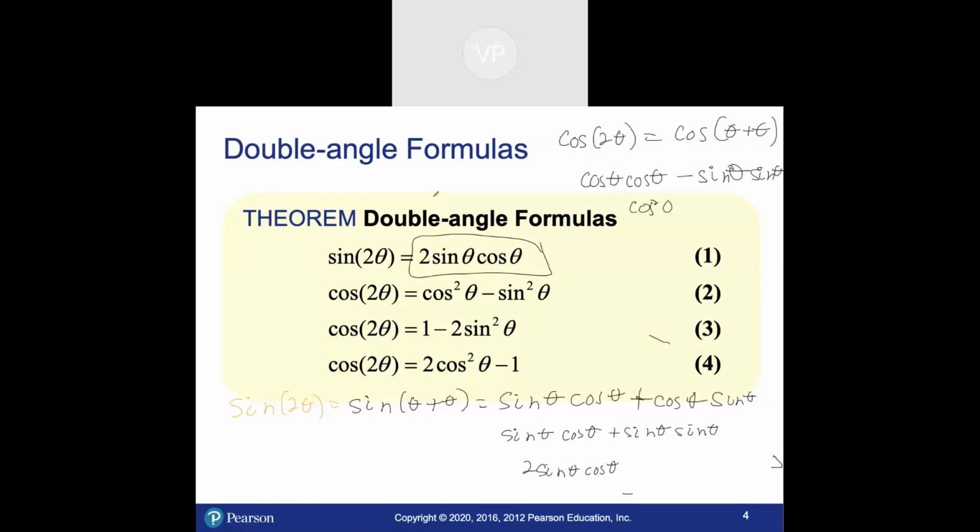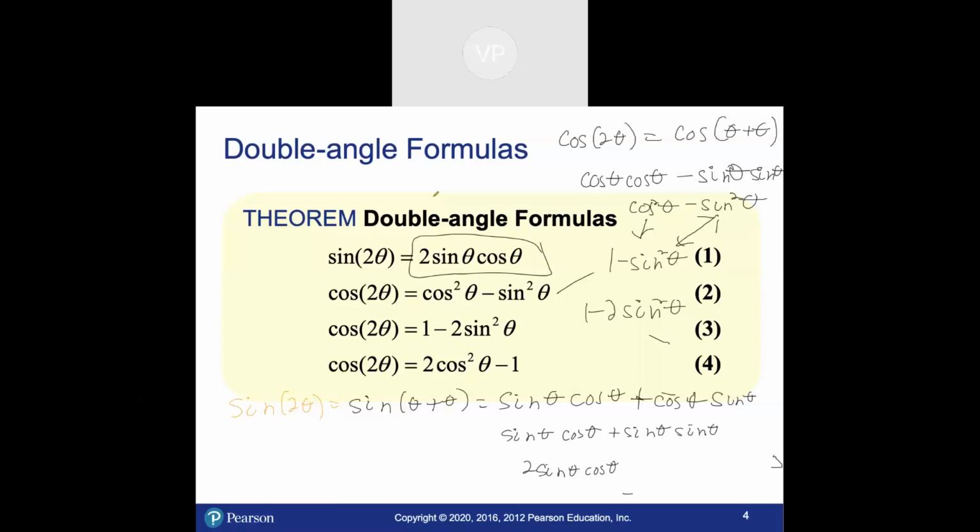And that's why we get cosine squared minus sine squared for that one. That's how they get this formula. And just so you know how they got the other two, they took that and replaced cosine squared with 1 minus sine squared theta from your Pythagorean identity. Combined these two and it became 2 of them.